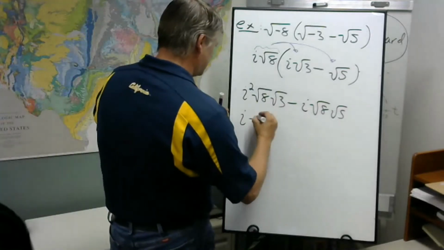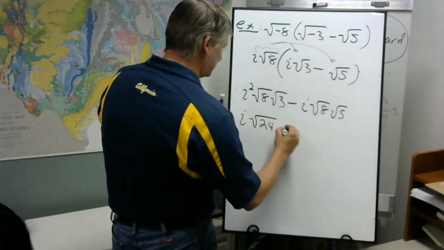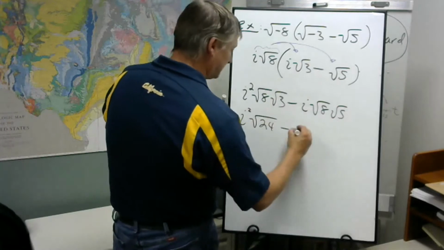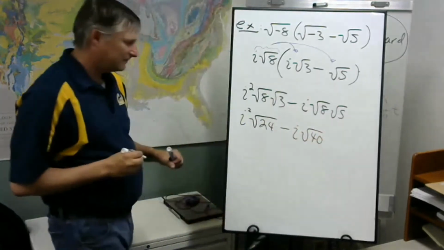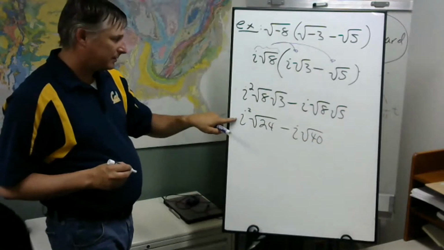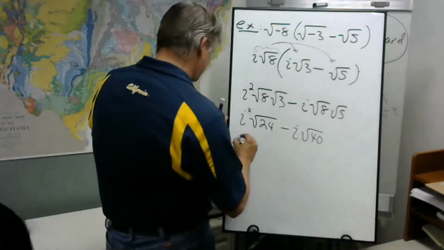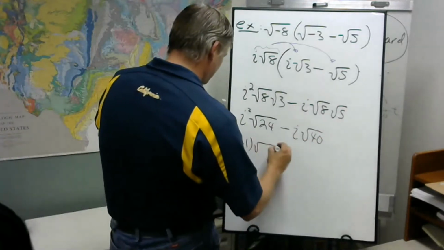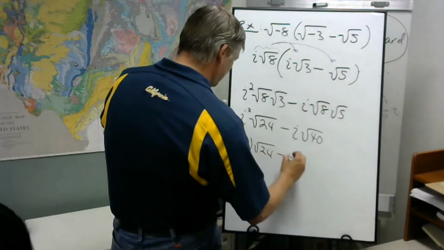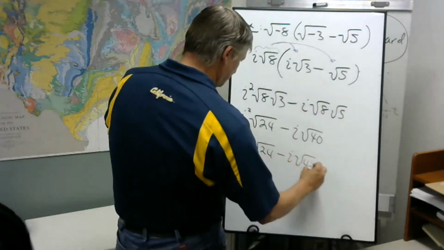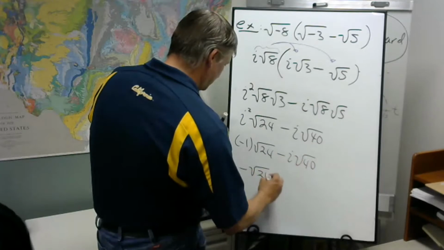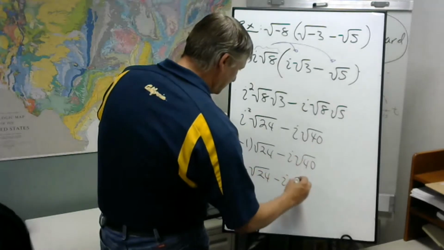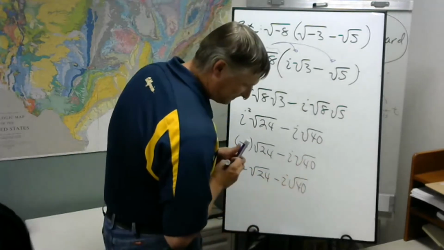I squared, square root 24, minus i square root 40. And then i squared is -1, so we get negative square root 24 minus i square root 40.